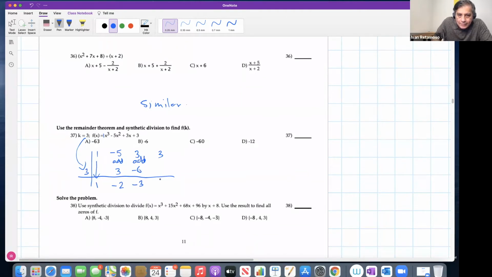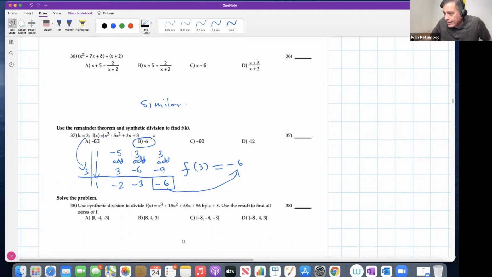Negative 3 times positive 3, negative 9, add 3 plus negative 9, negative 6, right? Separate the last number from the rest. That's the remainder, right? But the remainder theorem says that this number, besides being the remainder, is just the evaluation of your function at 3, minus 6, right? The evaluation. Great. Okay, guys, very good, very good.